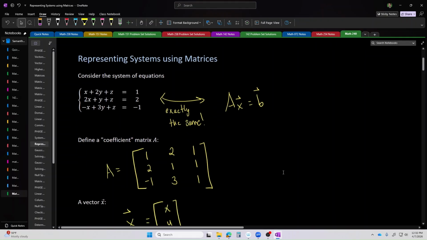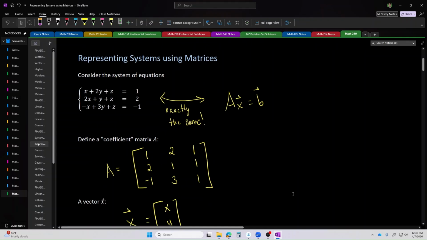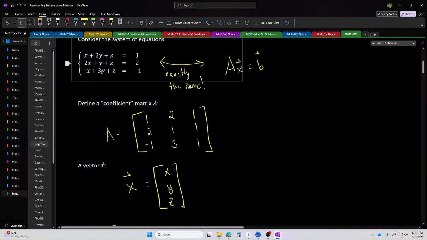Now, representing a system using a matrix is really convenient because matrices containing numbers are super efficient data structures from a computing point of view and much more efficient in terms of storage of information than the full system is. So if we can represent a system just using a table of values, that's going to be great for us in terms of efficiency.